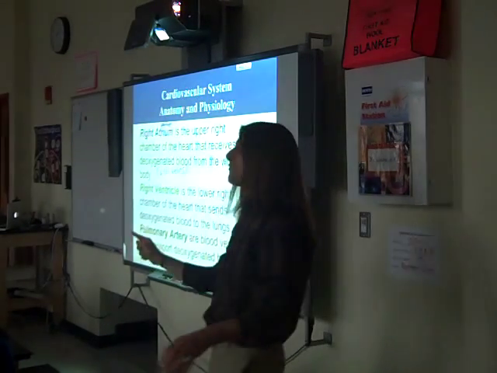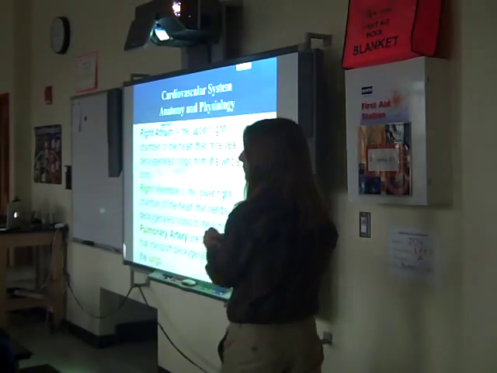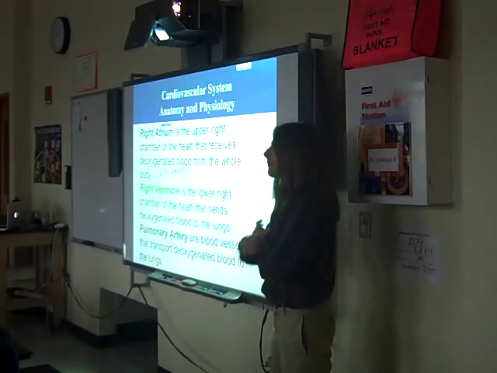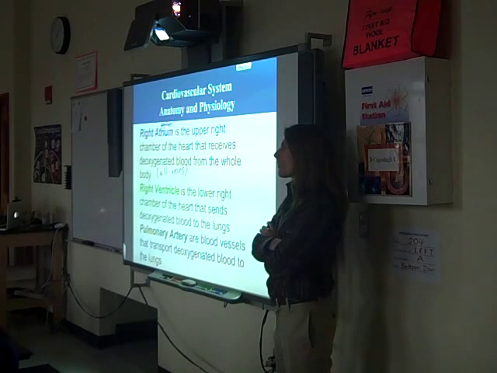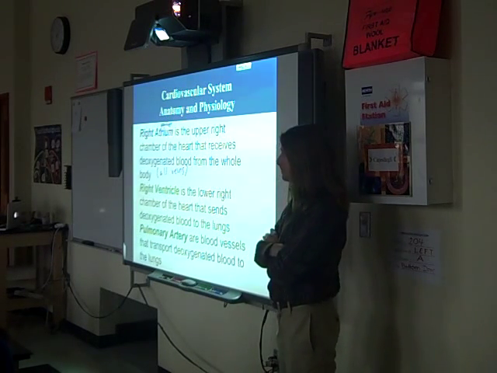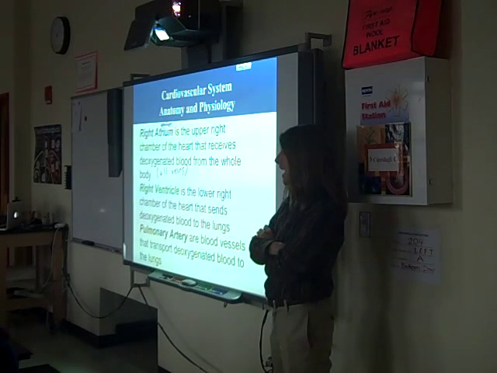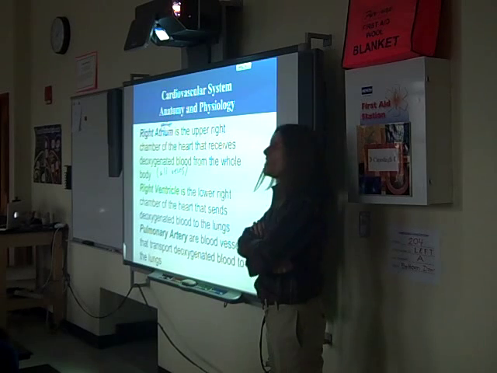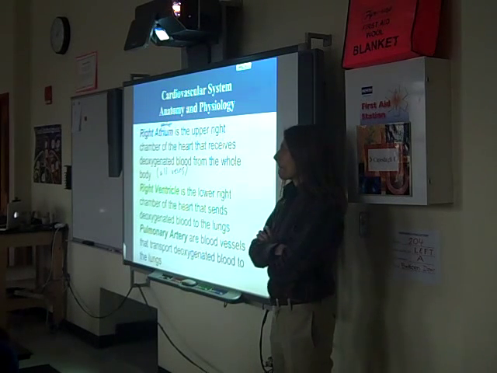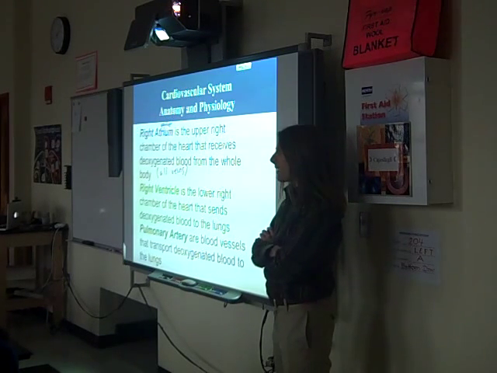But what's different about these arteries than the other ones? What was in the blood of your standard issue artery? Red, which means it has oxygen. And what are we saying about this blood? It takes away oxygen.